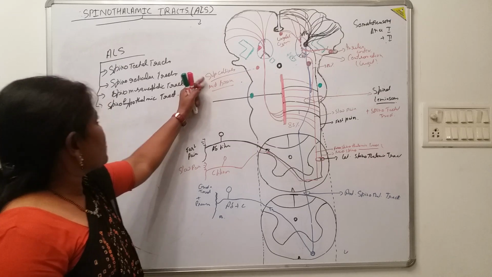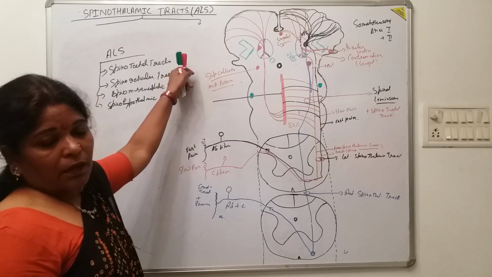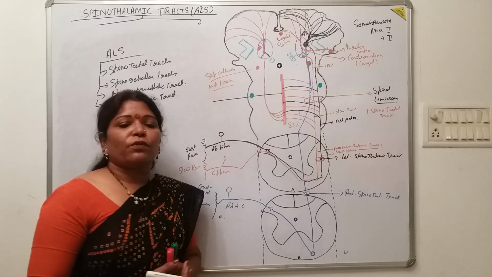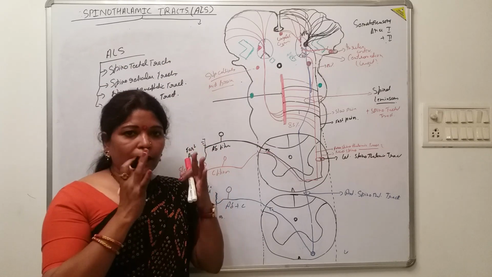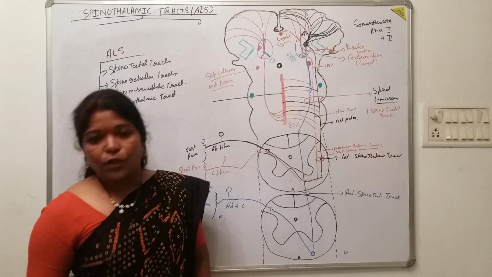Mainly the superior colliculus is concerned with the spinovisual reflex. That means you are turning your eye, the neck, the head towards the stimulus.